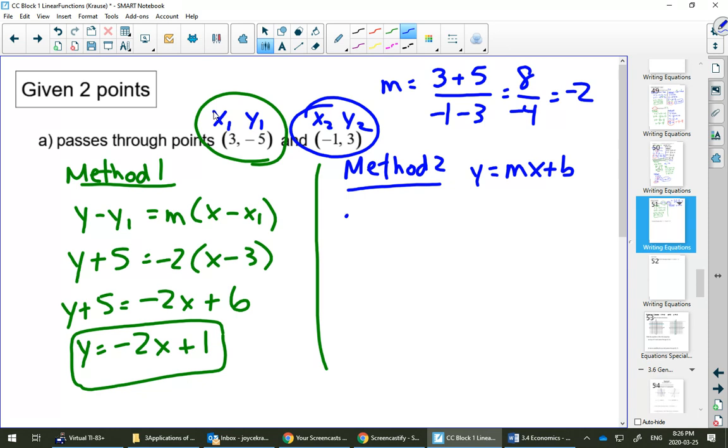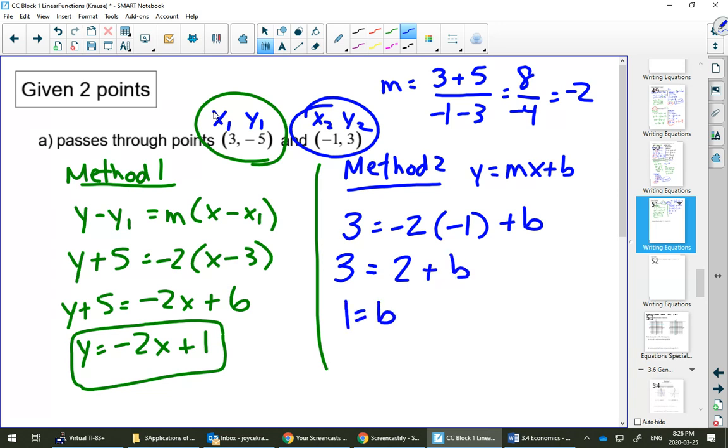So my y value is 3, my slope is -2, my x value is -1, and we're looking for b. So we simplify first: 3 equals -2 times -1, which is a positive 2. 3 minus 2 is 1. Once I have my slope and my y-intercept, I can write my equation: y equals -2x plus 1.